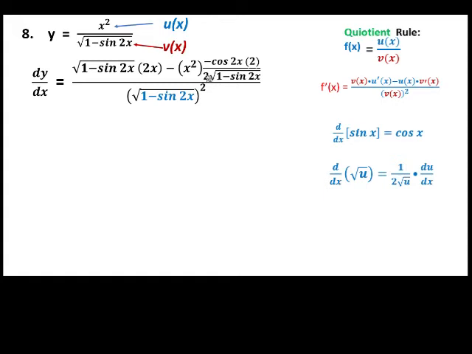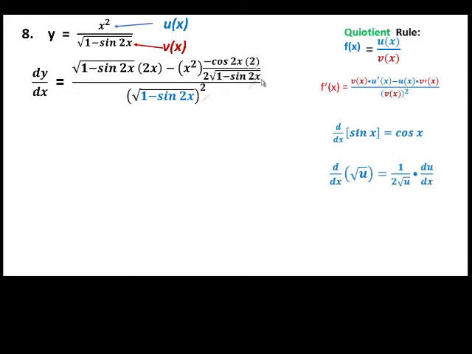So this is 2 times square root of 1 minus sine 2x, and du dx, the derivative of 1 minus sine 2x is, by the chain rule, the derivative of negative sine 2x, the negative is here, the derivative of sine 2x is cosine 2x, times, by the chain rule, the derivative of 2x, which is 2.